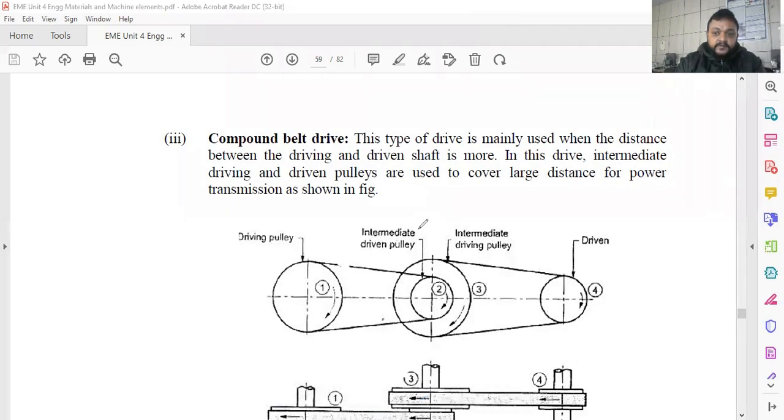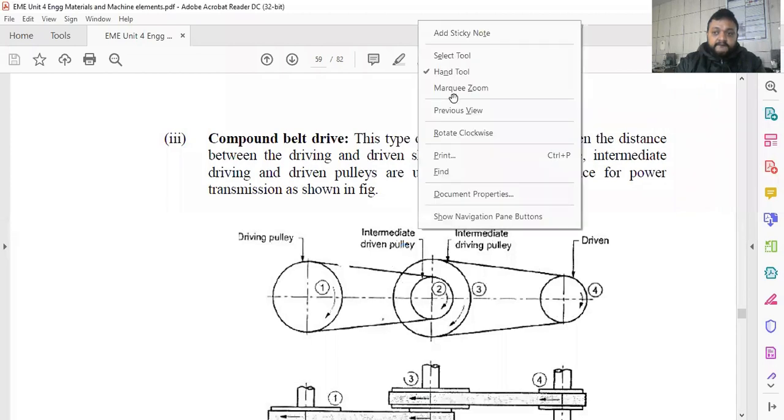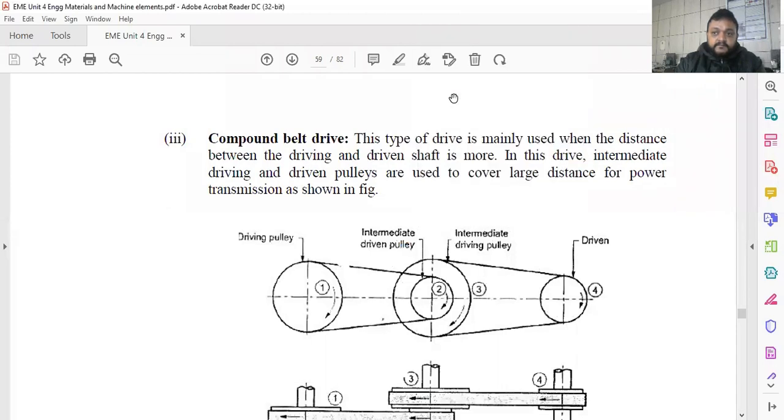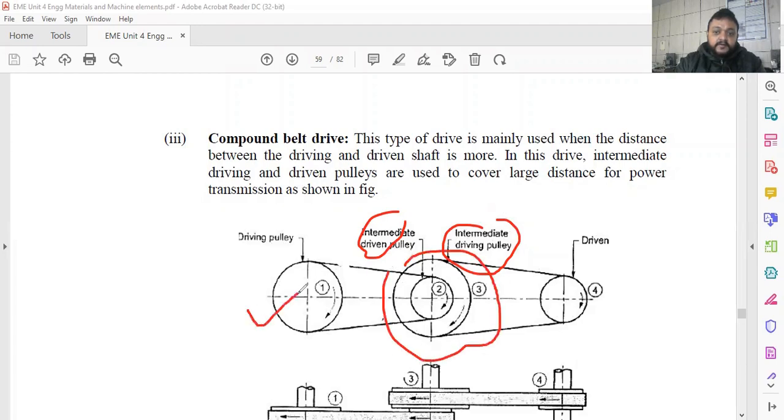Just have to see, this is the intermediate pulley. Like this. Multi-intermediate pulley can be attached, where there is no role of this intermediate pulley. This is your driving pulley, and this is your driven pulley.